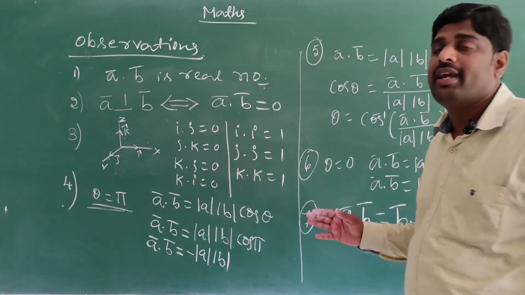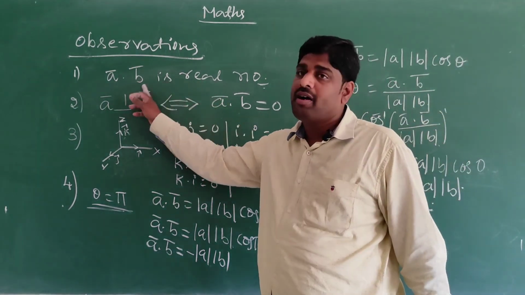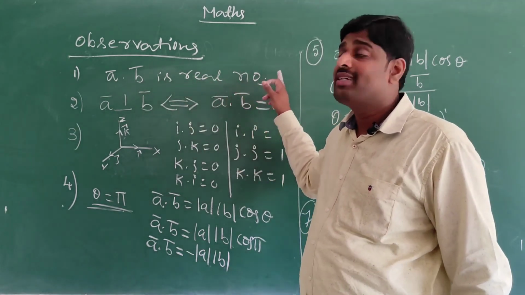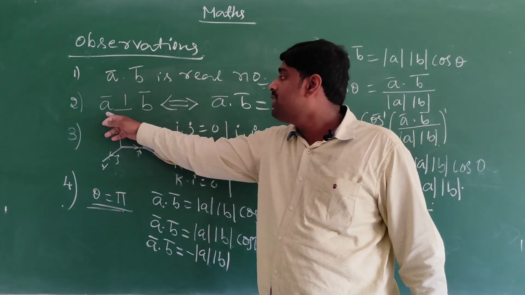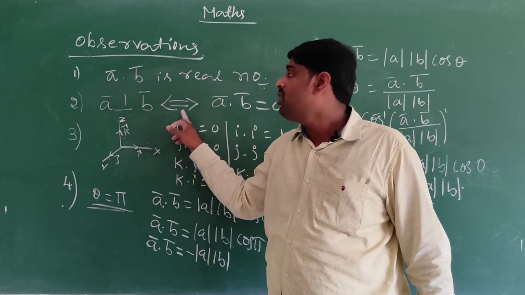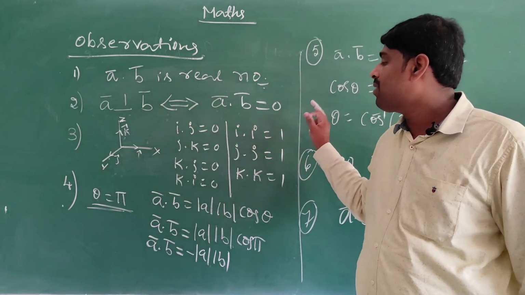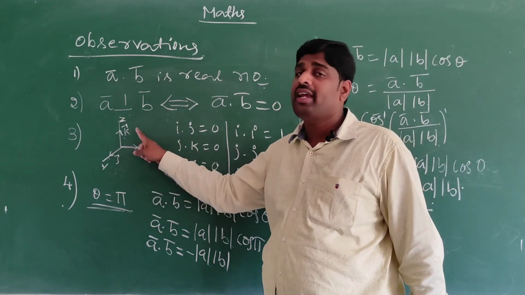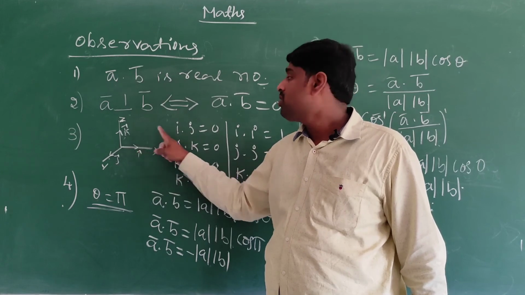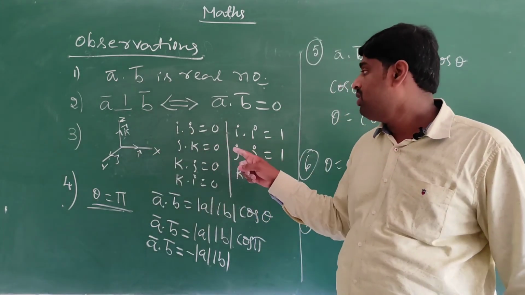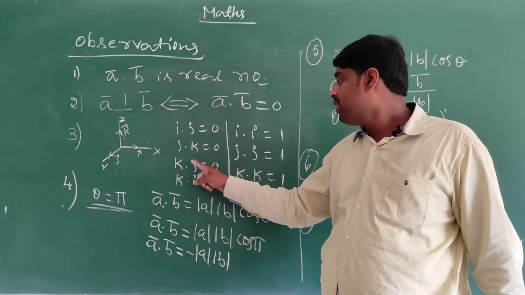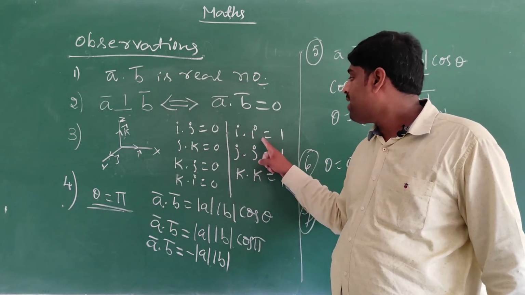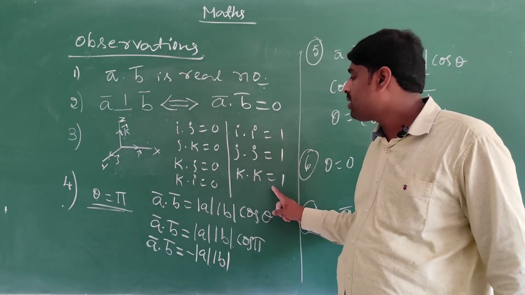I will repeat once again. Observe here, a bar dot b bar is a real number, a scalar. Second point: a bar is perpendicular to b bar, therefore a bar dot b bar equals 0. When i, j, k are mutually perpendicular to each other, i dot j equals 0, j dot k equals 0, k dot j equals 0, k dot i equals 0, i dot i is 1, j dot j is 1, k dot k is 1.